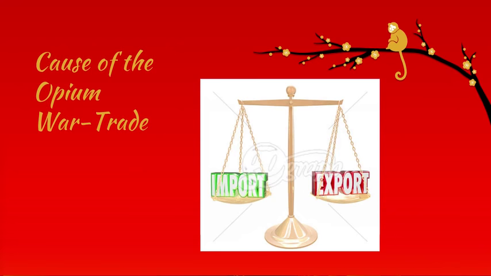Britain was buying tea, silk, and porcelain, and it cost them silver and gold. This was because Britain didn't have anything that China wanted or needed to buy, because China produced mostly everything themselves. They were mostly self-sufficient. So the silver and gold worked out for China. But this did not make Britain happy.